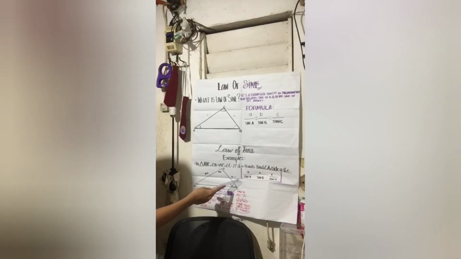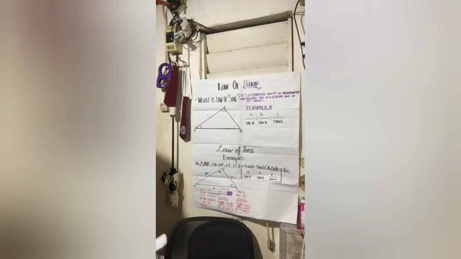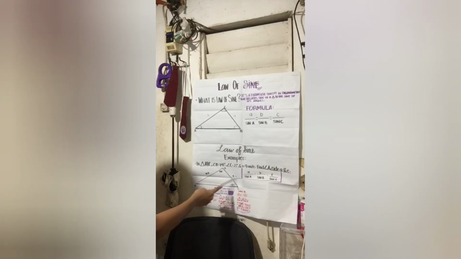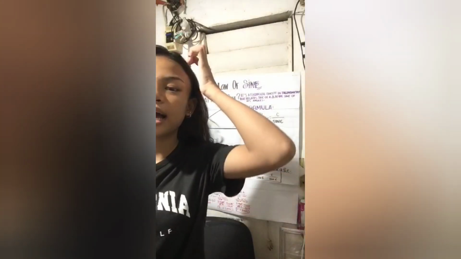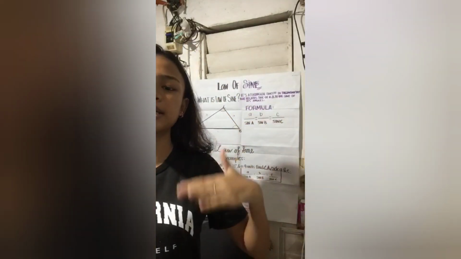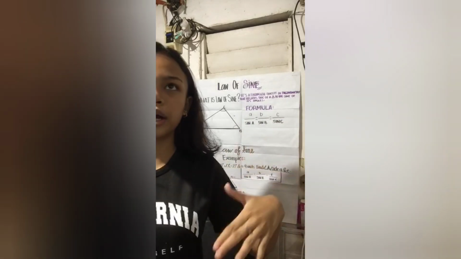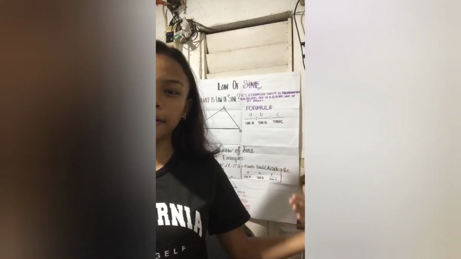This represents side A. What is the basis? Since this one is angle A, your side is the one opposite to your angle A, which is this. This is side A.